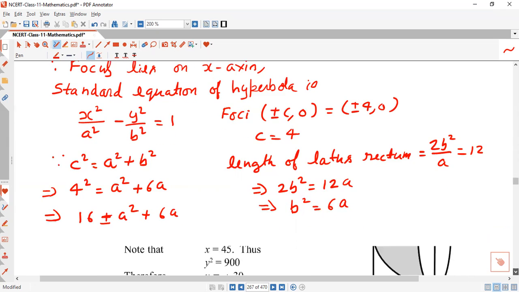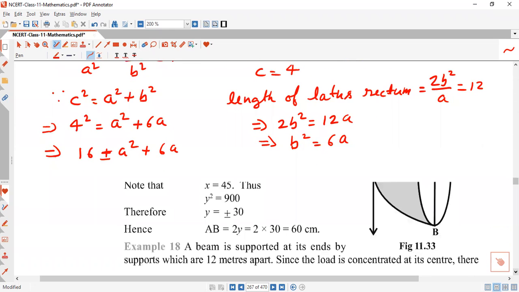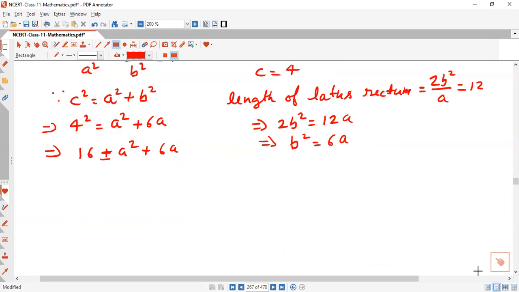So now I would like to solve this quadratic equation to find out the value of a and b. This equation becomes a square plus 6a minus 16 equal to 0.